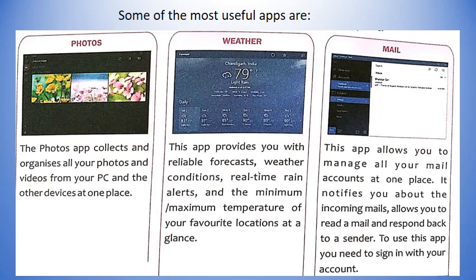First is Photos. The Photos app collects and organizes all your photos and videos from your PC and the other devices at one place. Next is Weather. This app provides you with reliable forecast, weather conditions, real-time rain alerts and the minimum or maximum temperature of your favorite locations at a glance.